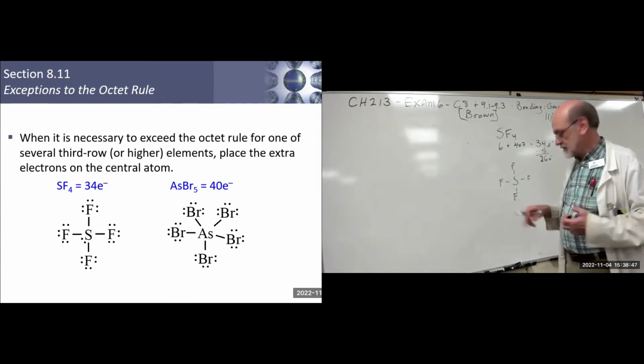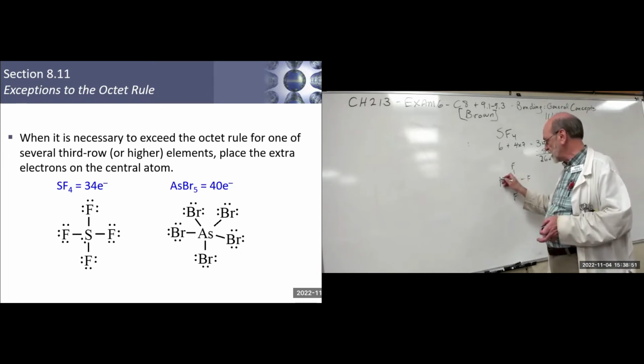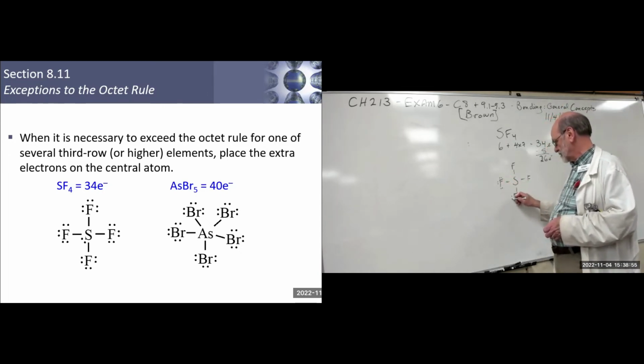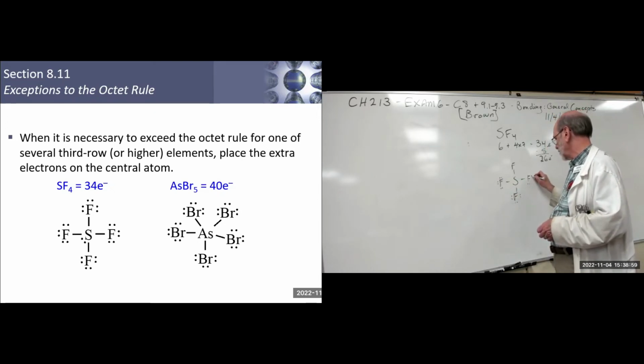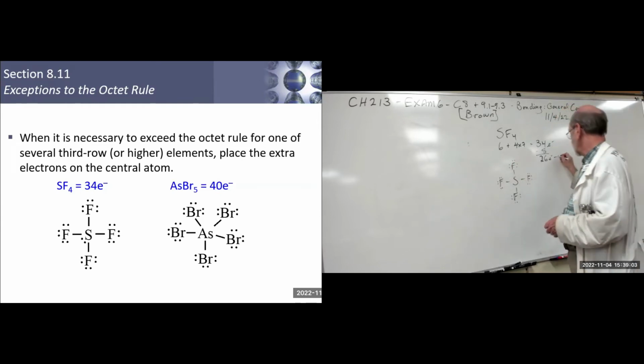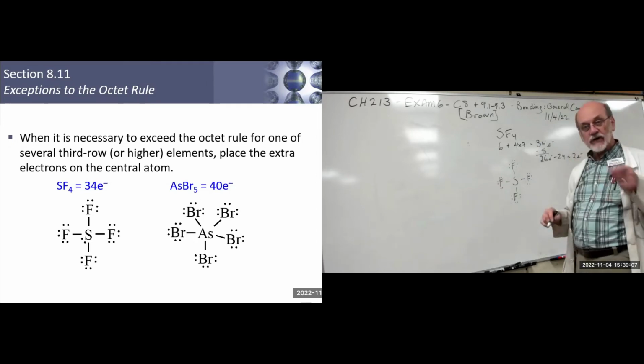If we complete the octet for all the fluorines, that would be 2, 4, 6. 6 times 4 is 24. That means we have 2 electrons left over. They have to go on the sulfur.